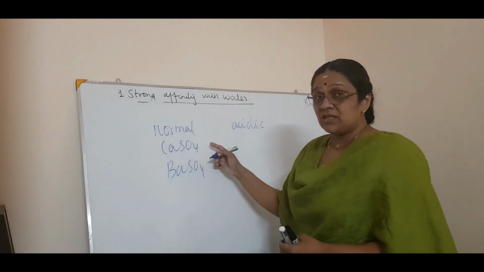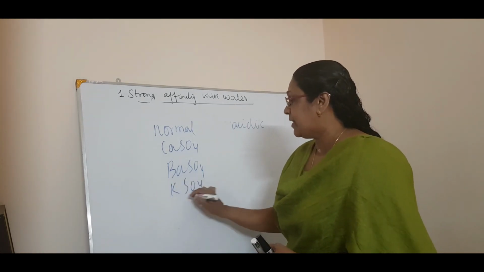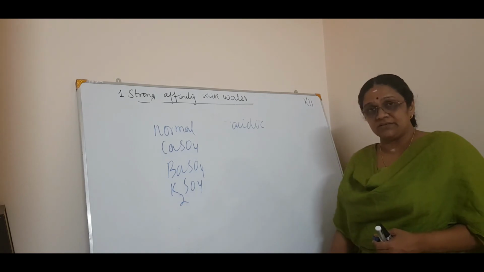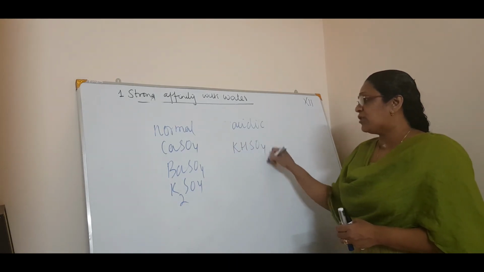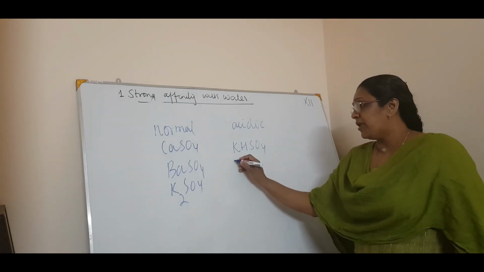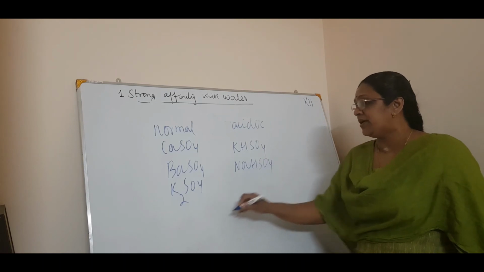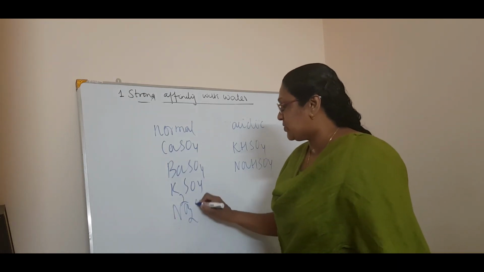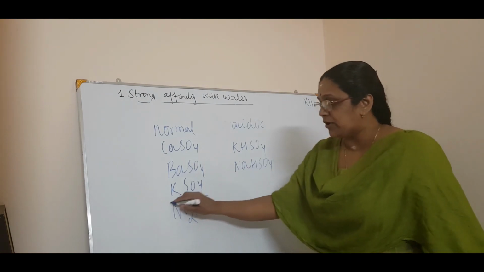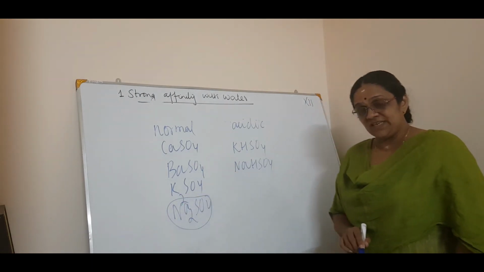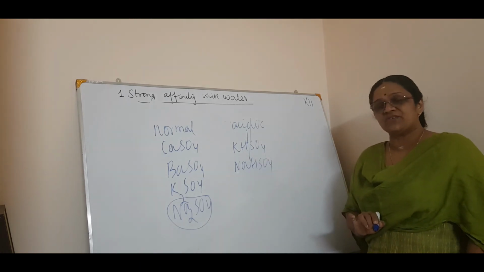I am talking about the salts of sulfuric acid, so it is sulfate. So this is a normal salt, whereas this is an acidic salt. For example, NaHSO4 is an acidic salt, whereas Na2SO4 is a normal salt. What is the difference? In Na2SO4, there is no hydrogen atom, isn't it? But in an acidic salt, there must be at least one hydrogen atom.